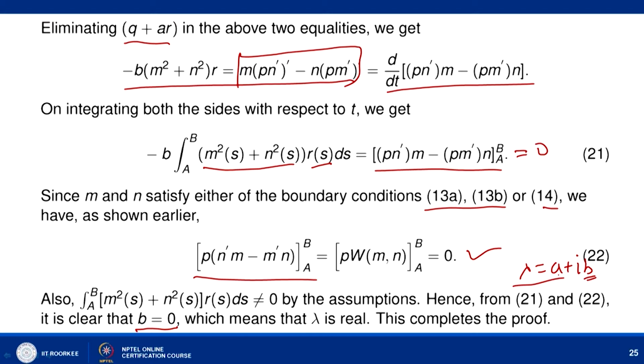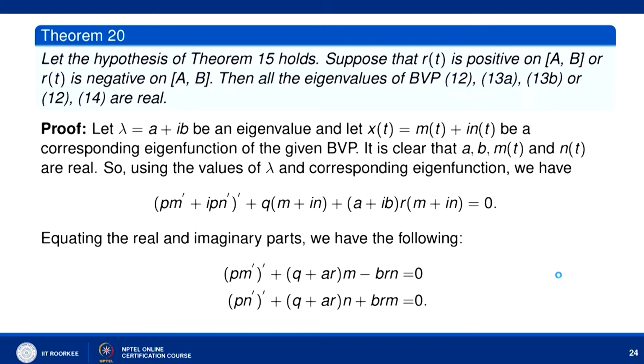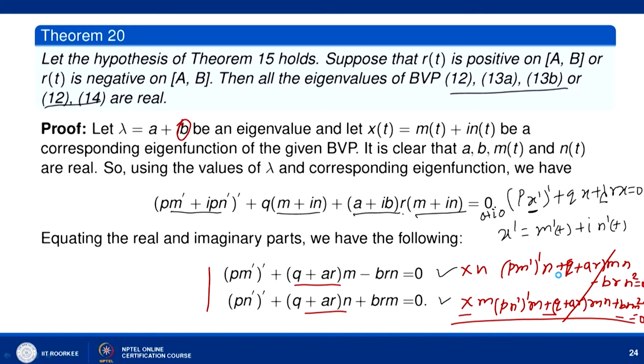So what we have proved here is that if the hypothesis of theorem 15 holds, meaning we are considering the regular Sturm-Liouville boundary value problem with either separated boundary conditions or periodic boundary conditions, and if r(t) is either positive or negative, then all the eigenvalues of the Sturm-Liouville boundary value problem are real.